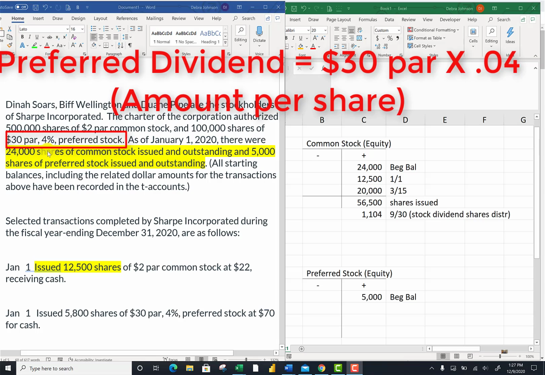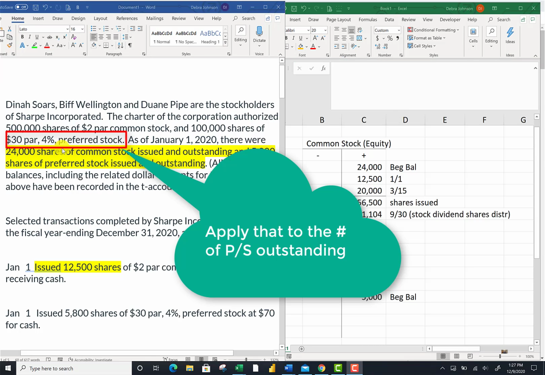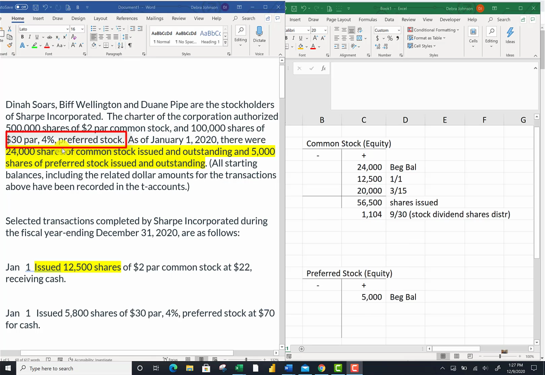So the way that you calculate the per share dividend to be distributed to the preferred shareholders is by taking the par value times the preference rate of 4%. That will give you the per share amount to be distributed. Multiply that by the number of shares outstanding to come up with the preferred dividend. The common dividend per share rate will be given to you. I hope that's enough to help you finish your wrap-up problem.